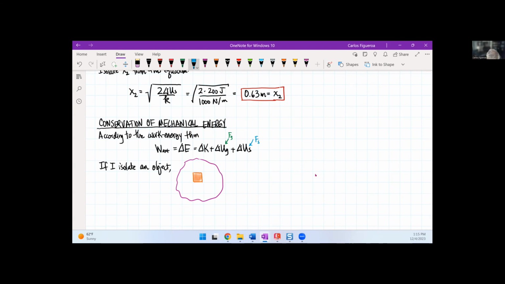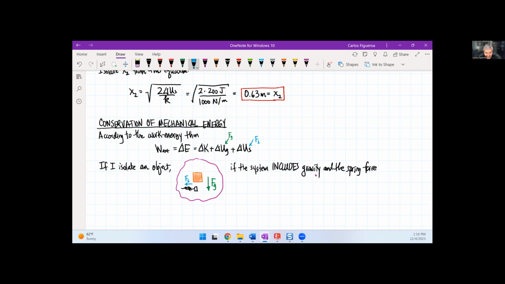So if my system includes gravity and the spring force, so in other words, if I have this system and I have a spring in this system, gravity here, or I have a spring system like this, in total energy, these guys are not considered external forces.